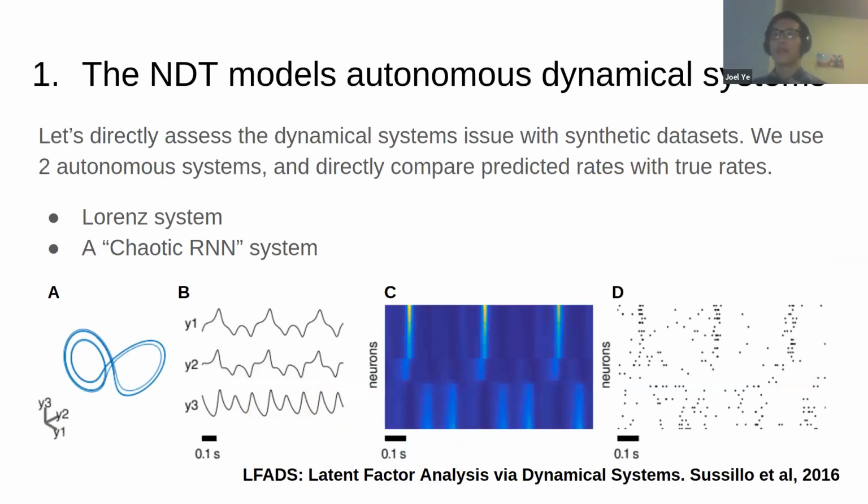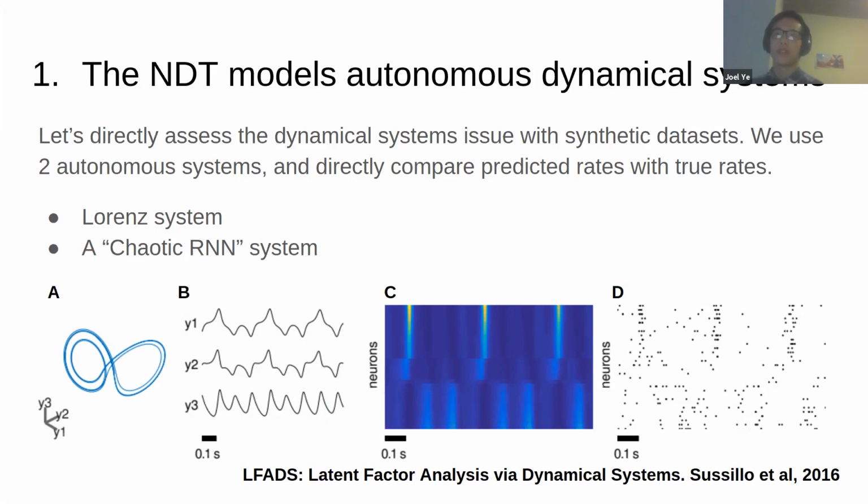So we verified this first problem directly by assessing whether the neural data transformer can model autonomous dynamical systems. We do this by making synthetic data sets, the Lorenz system and the chaotic RNN system discussed in the LFADS paper. We can see how the Lorenz system is built out in this series of figures.